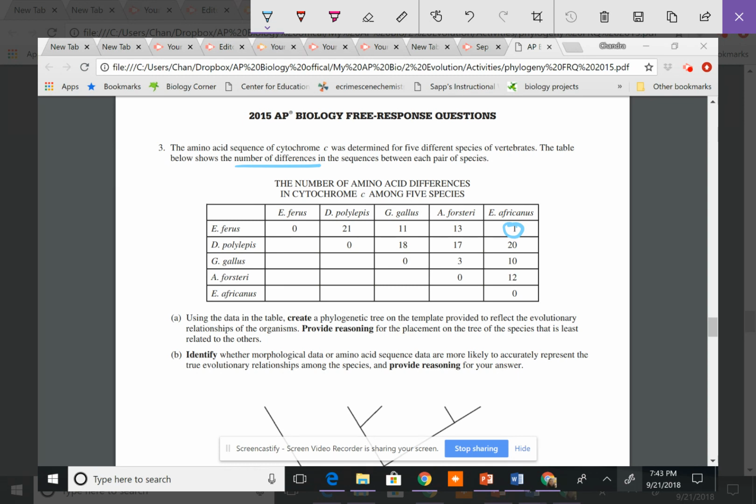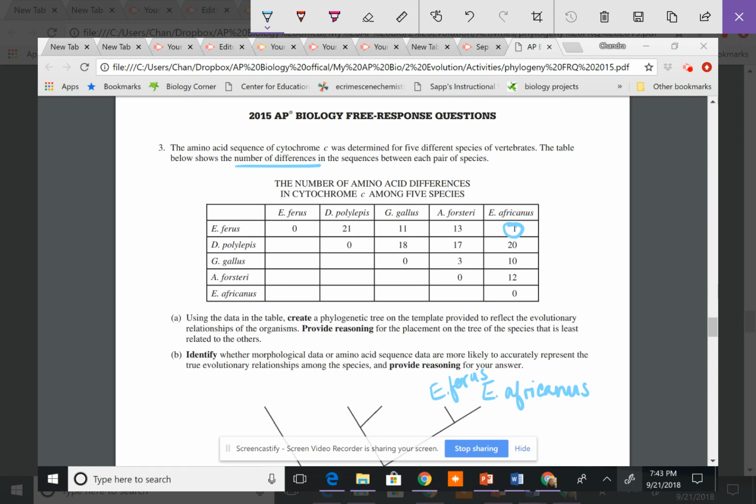This 1 exists between E. africanus and E. ferris, which means that these 2 should be closely related. They should share a close common ancestor. So I would write E. africanus here, and then here I would put E. ferris.